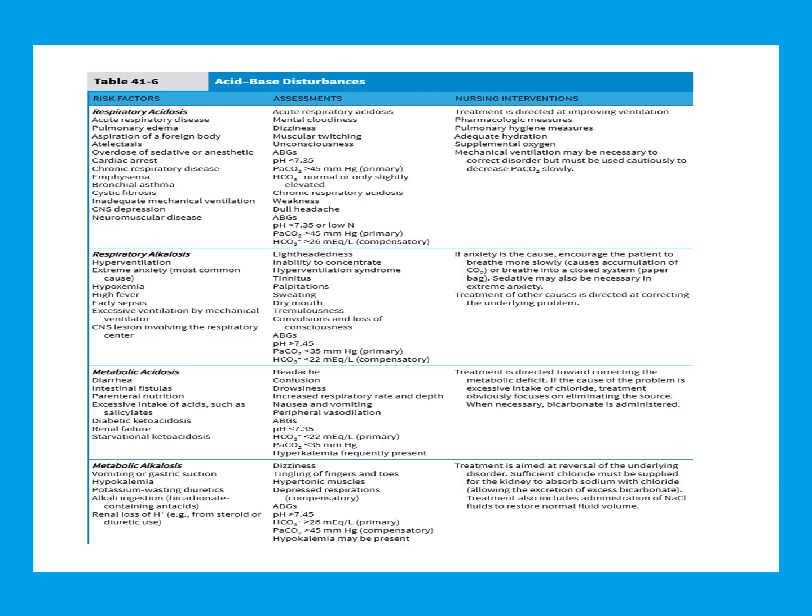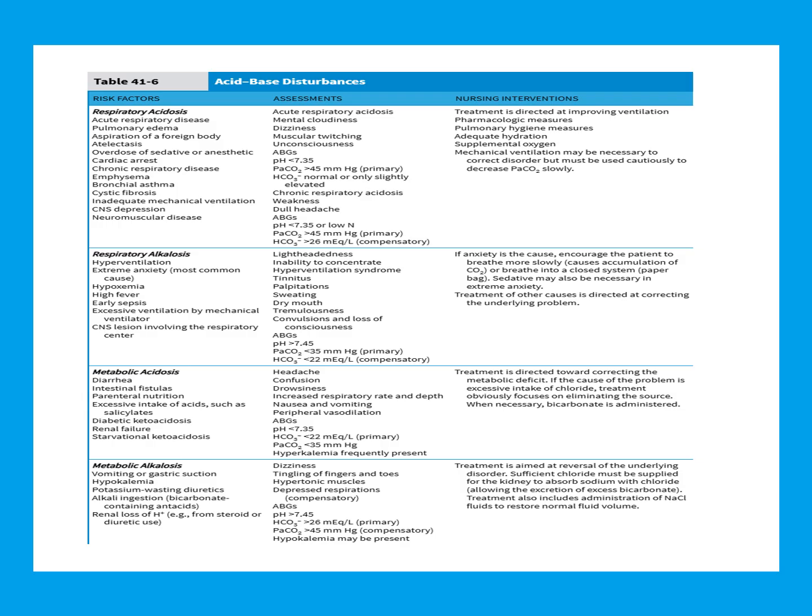And then metabolic alkalosis can be caused by vomiting or gastric suction, low potassium, or being on diuretics that cause an increase in loss of potassium, or they could have some renal function problems. Treatment would be, again, reversing the underlying disorder.